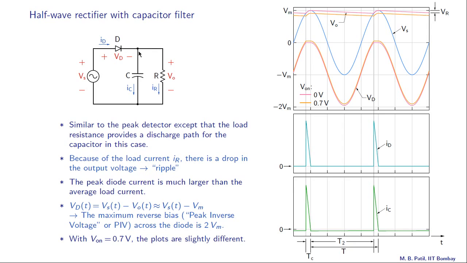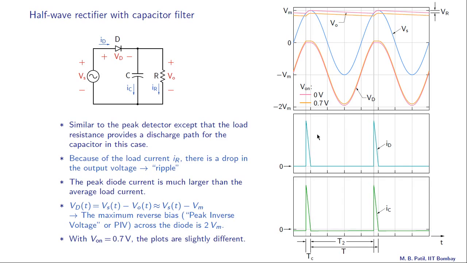So this node doesn't really reach Vm, but Vm minus 0.7. Apart from that, we don't really see a big difference between the earlier VO and this VO. The ripple voltage also remains approximately the same, and also the diode voltage is nearly the same as before.